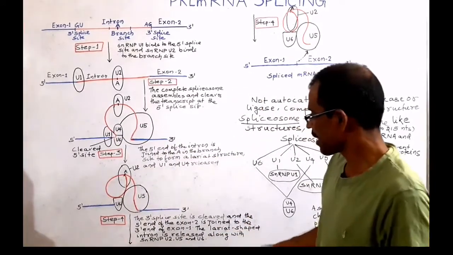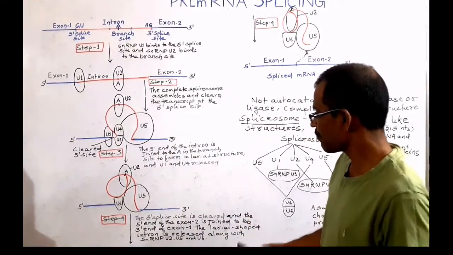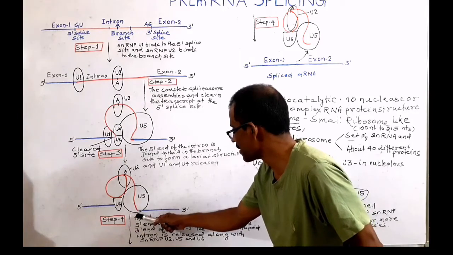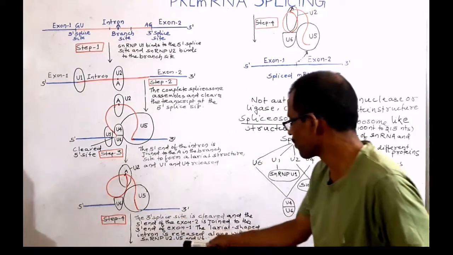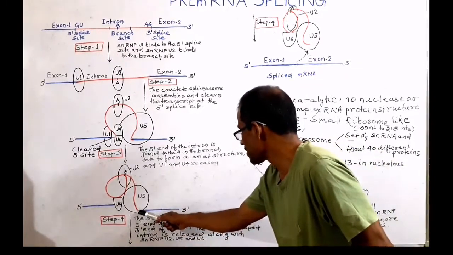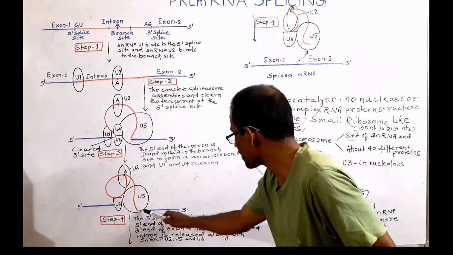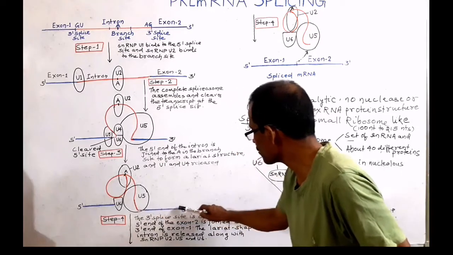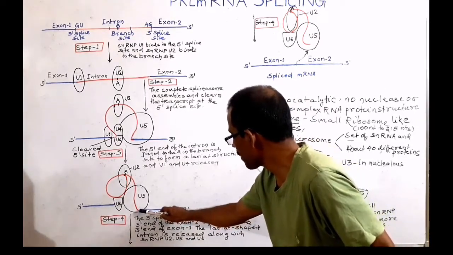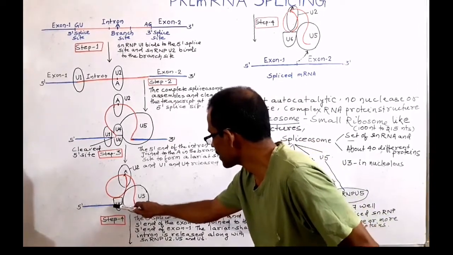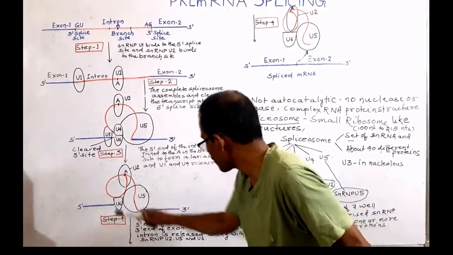Next is step 4. In step 4, the 3' splice site is cleaved. This is the 3' splice site. So in step 4, this 3' splice site is cleaved and the 5' end of exon 2, this is exon 2, is joined with the 3' end of exon 1.